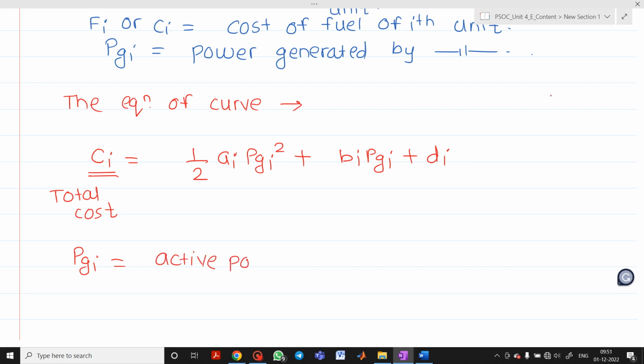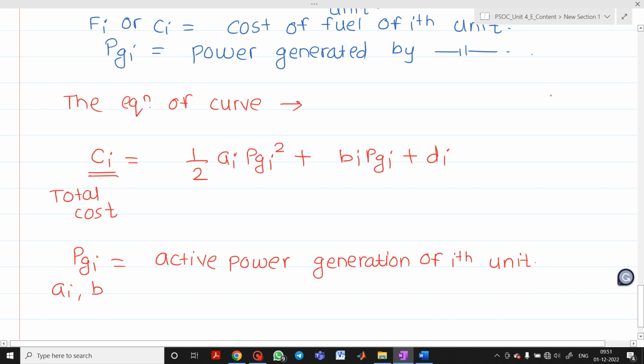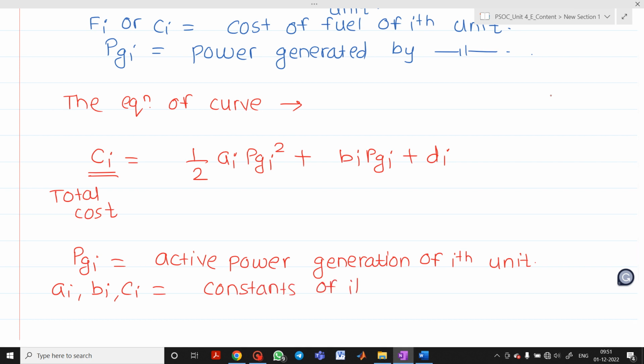It is active power generation of the ith unit, the power which will be generated by the ith unit. Now there are some variables, Ai is there, Bi is there, Ci is there. These are the constants of the input output curve.